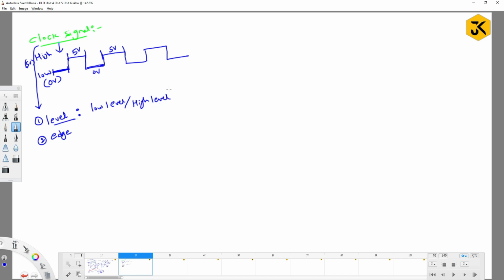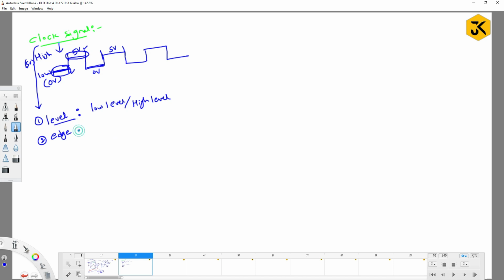Meaning that the triggering happens either at the low level or at the high level. So can I take this as a low level? Yes. Can I take this as a high level? Meaning that when your input is at these particular levels, either at 5 volts or at 0 volts, I can call it a level clock signal, right?